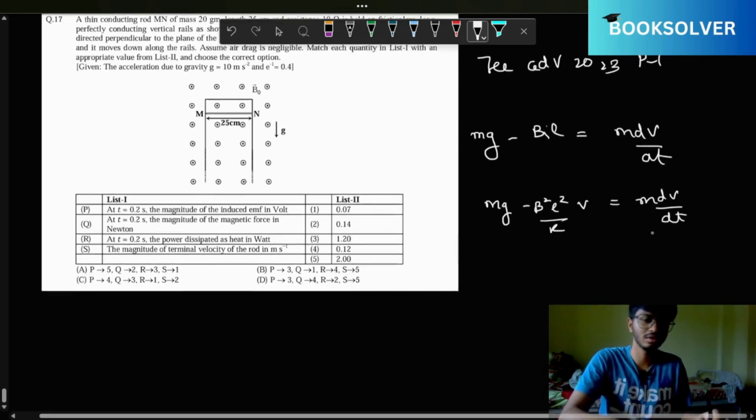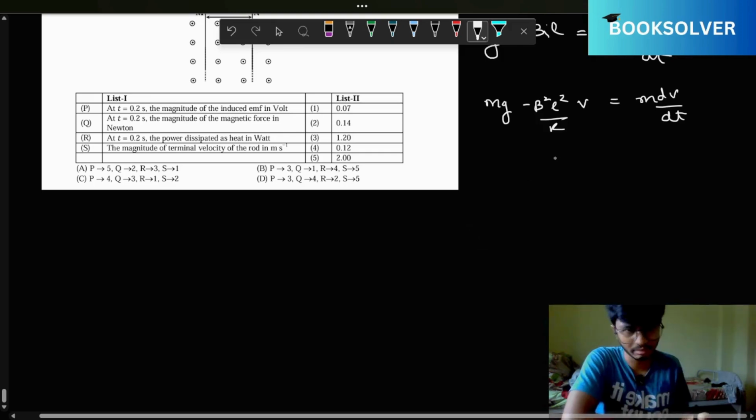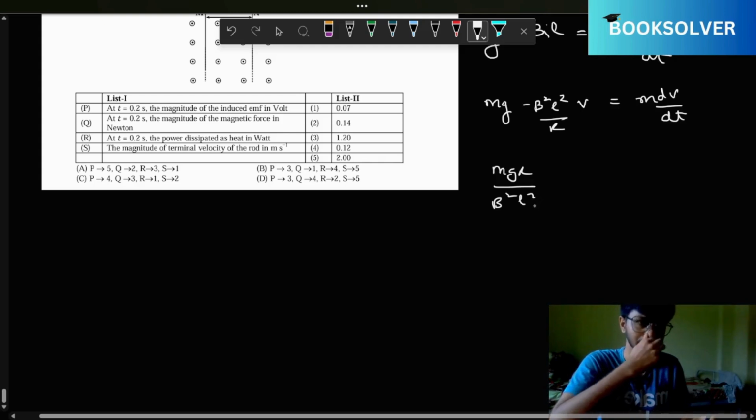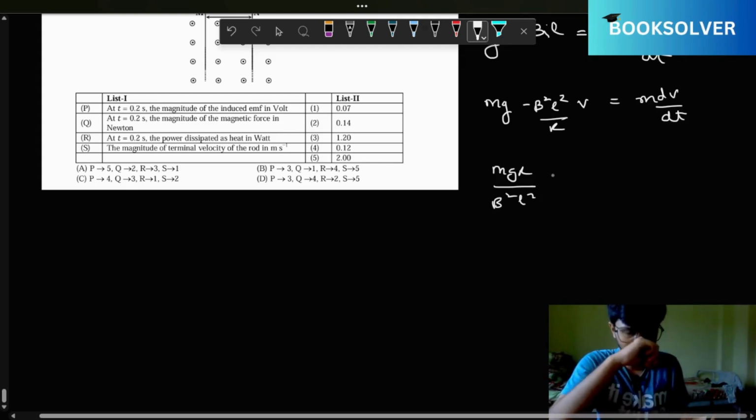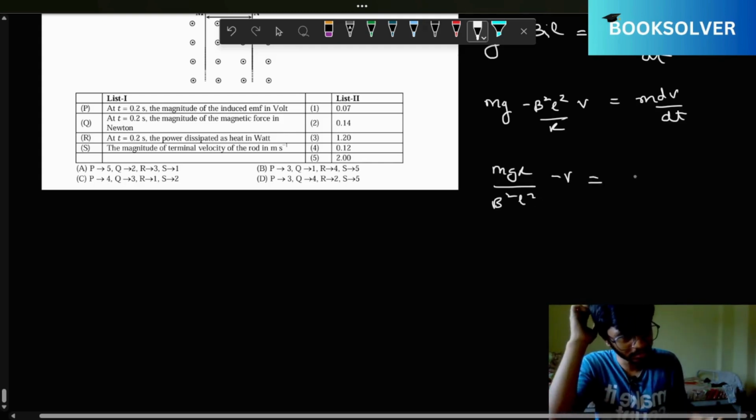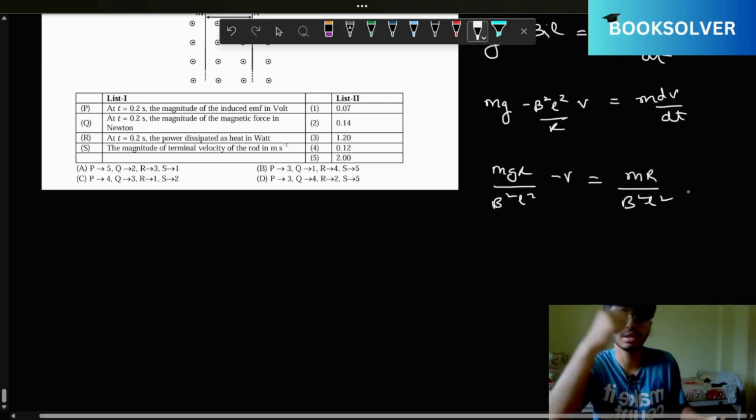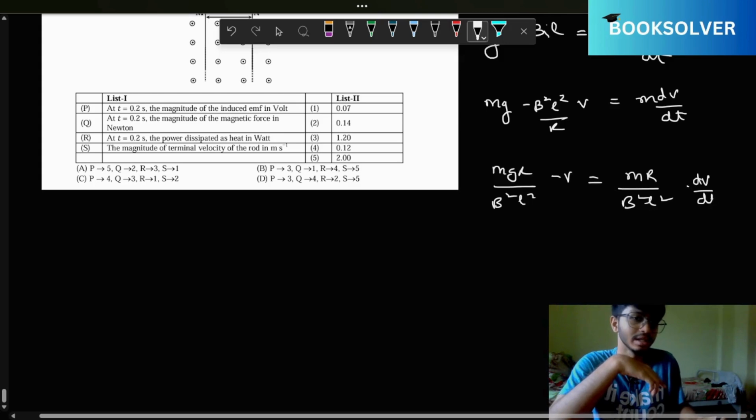Now we'll multiply by R upon B square L square, so we get mgR by B square L square minus v equals mR by B square L square into dv by dt.